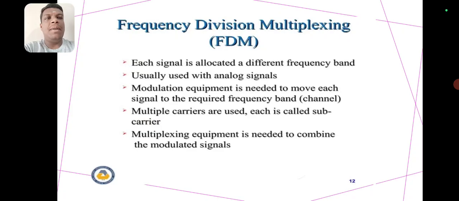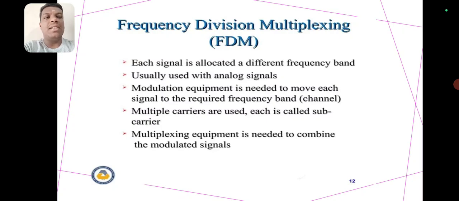Frequency division multiplexing. Each signal is located in a different frequency band, usually used with analog signals. Modulation equipment is needed to move each signal to the required frequency band. Multiple carriers are used, each is called a subcarrier.